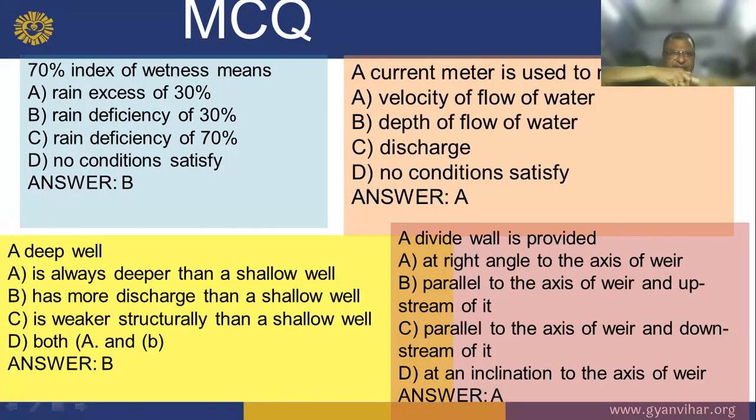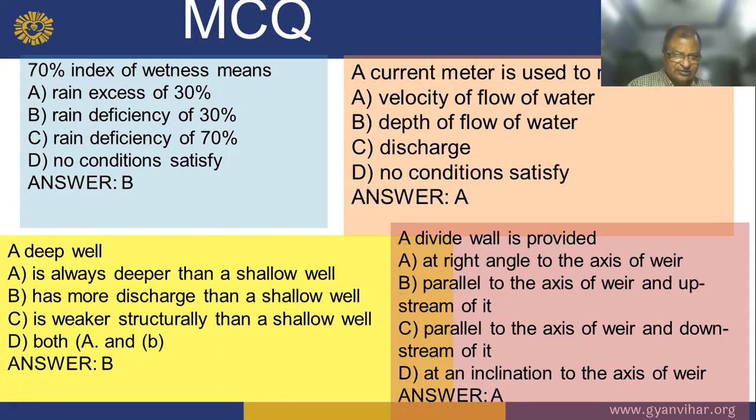And next question: 75% index of wetness means... my dear boy, the correct answer is B, a rain deficiency of 30%. And next question: a current meter is used to measure the... Yes, the correct answer is A, velocity of flow of water.